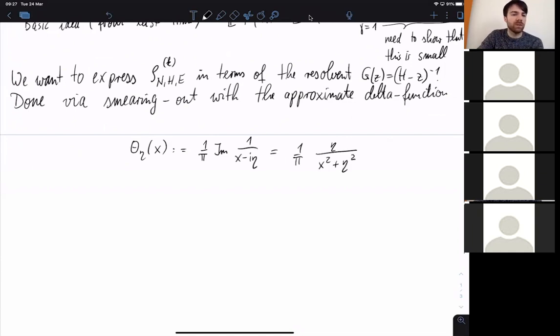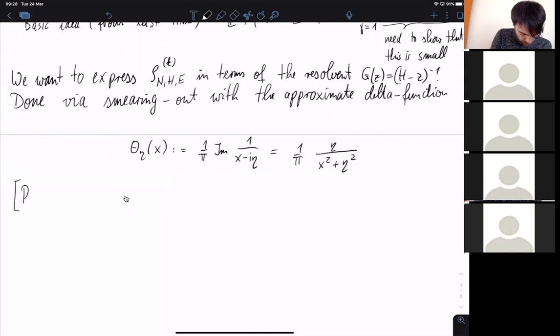It looks as follows, and then maybe one important observation is how this relates again to the resolvent.